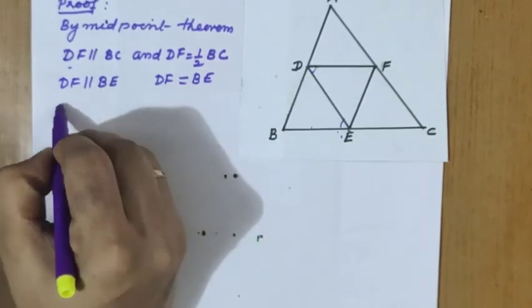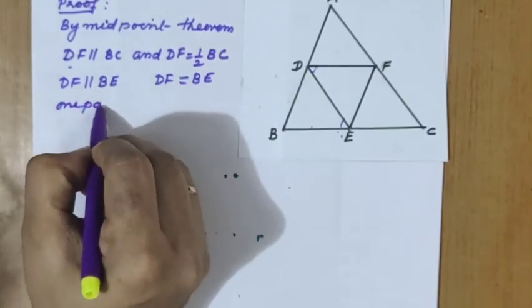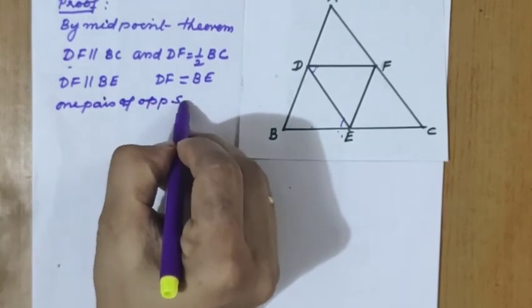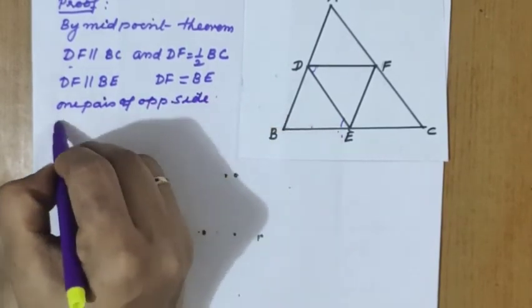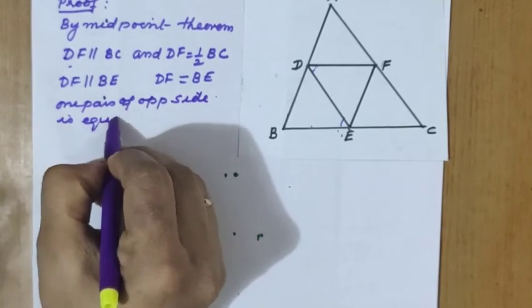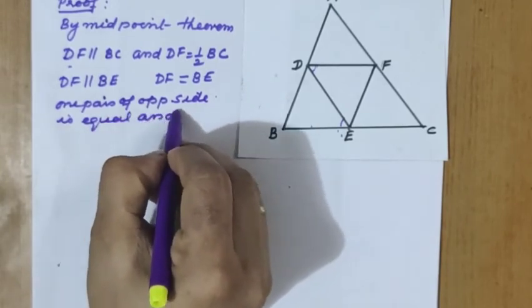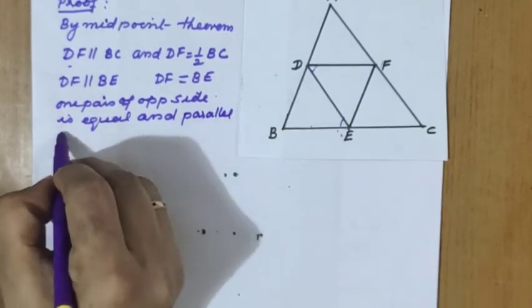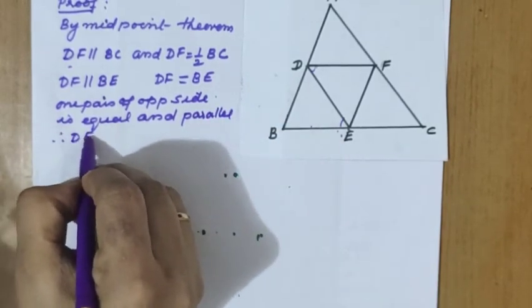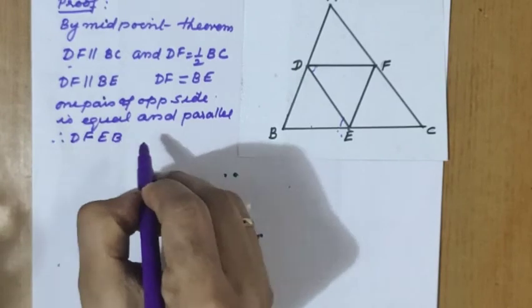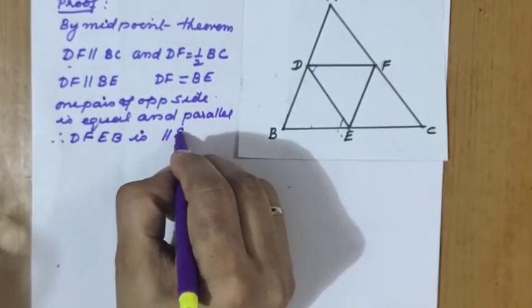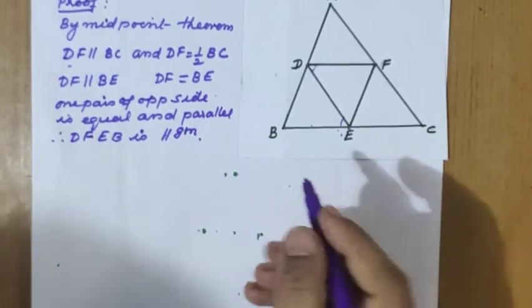So now we got that one pair of opposite sides is equal and parallel. Therefore, DFEB is a parallelogram. From where did we get this condition?